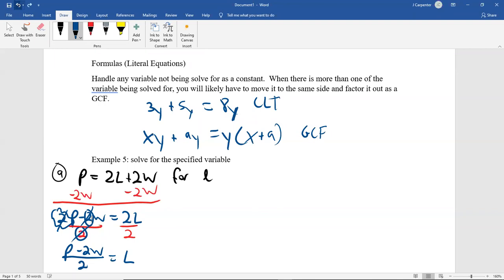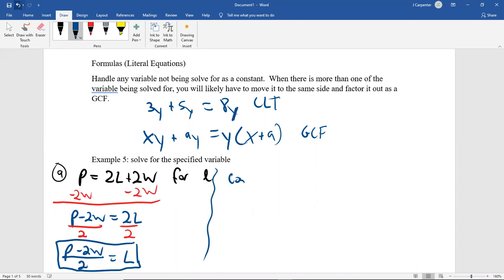You can't just pick and choose which ones you're going to cancel. This is a slightly common issue with students, that they'll want to cancel these 2's, and they'll think it's just P minus W, and that's wrong. So this is one of the answers. And again, you cannot actually cancel these 2's in this form.